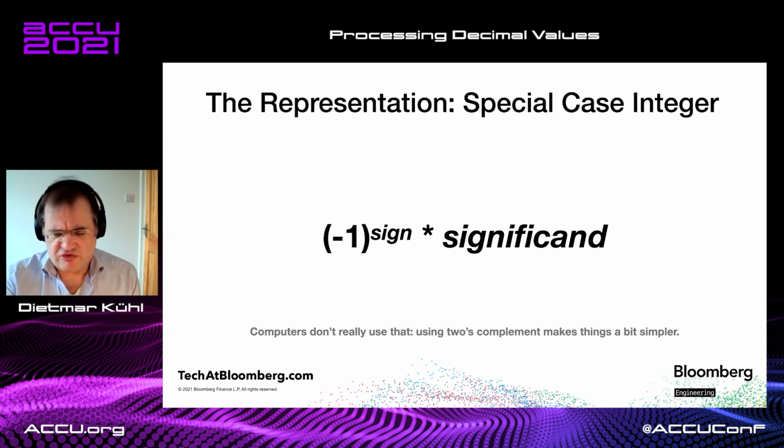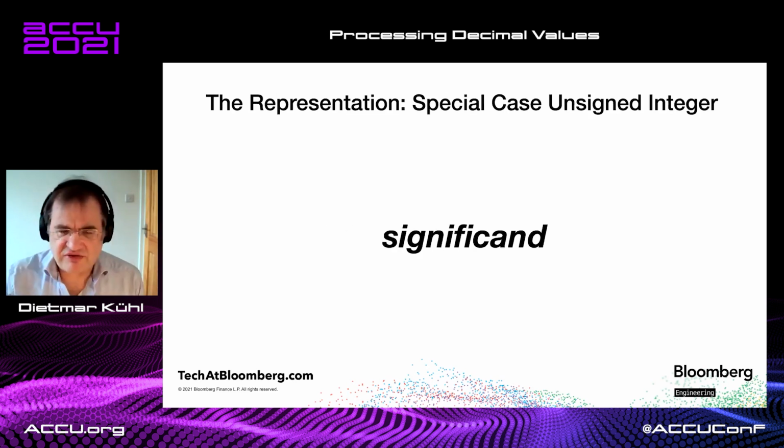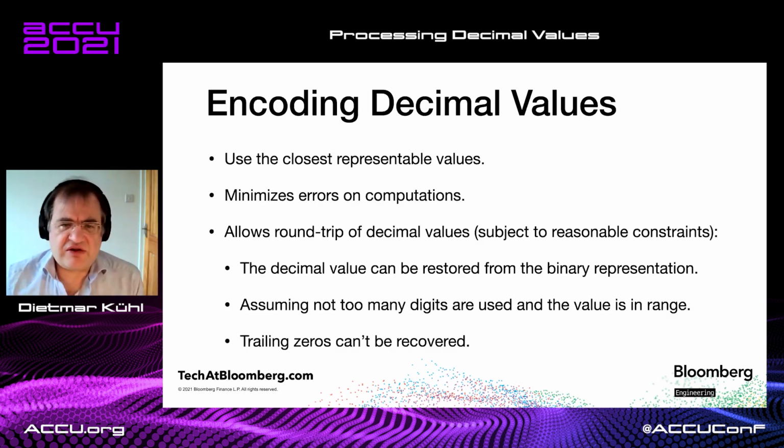In practice, this is not really the representation used by a computer. They actually use a little trick to use 2's complement, but semantically, this is effectively what it still is. And then obviously the other special case is unsigned integers, which is just a significand. In all of these cases, the base also matters.